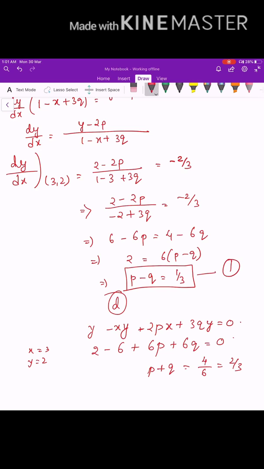So one equation, second equation, but given the contingency of time, we can solve it in this way, investing less amount of time.